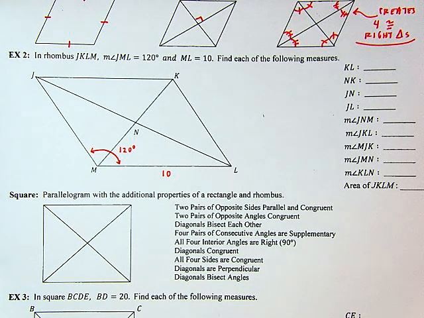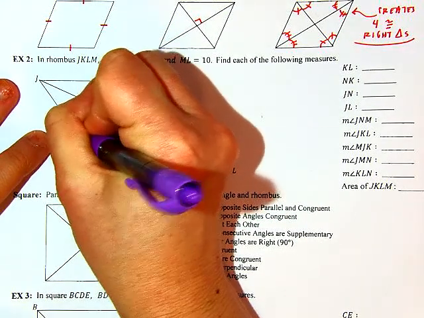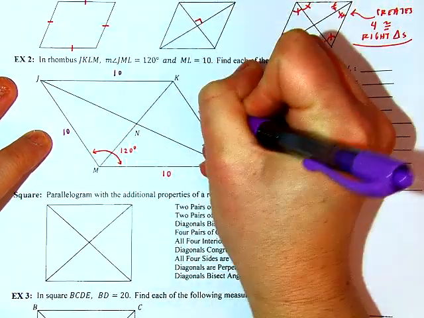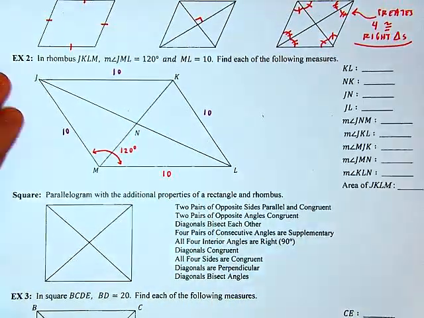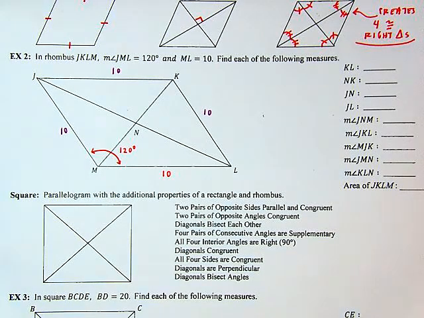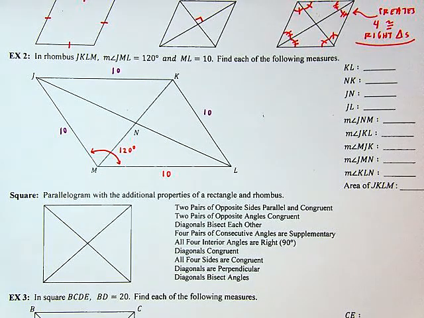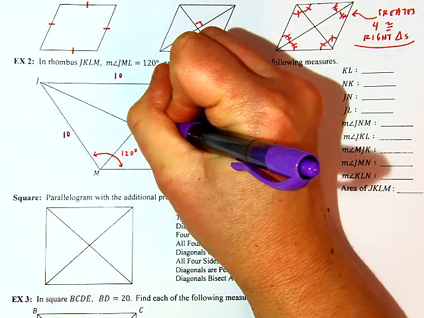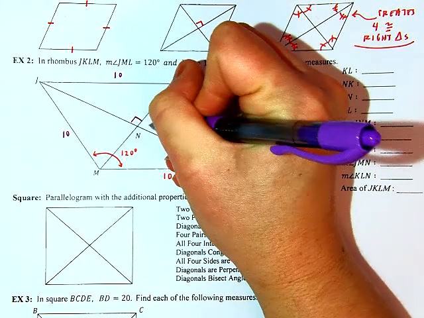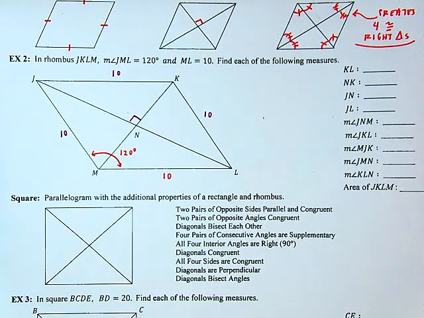So if it's a rhombus, I know that all of my sides are the same. So all of the sides have to be 10. Okay, if it's a rhombus, I know that the diagonals are perpendicular. So all of these angles here in the middle would be right angles.